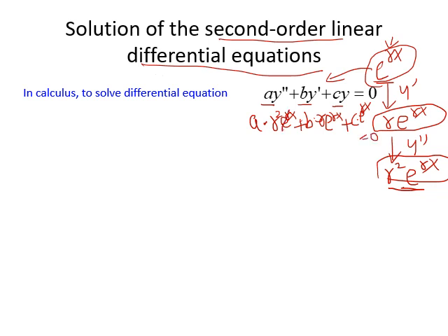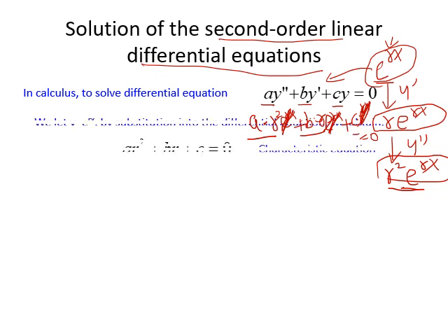So all of them have e to the rx, and therefore you have a r squared plus b r plus c equals 0. And this is called a characteristic equation.